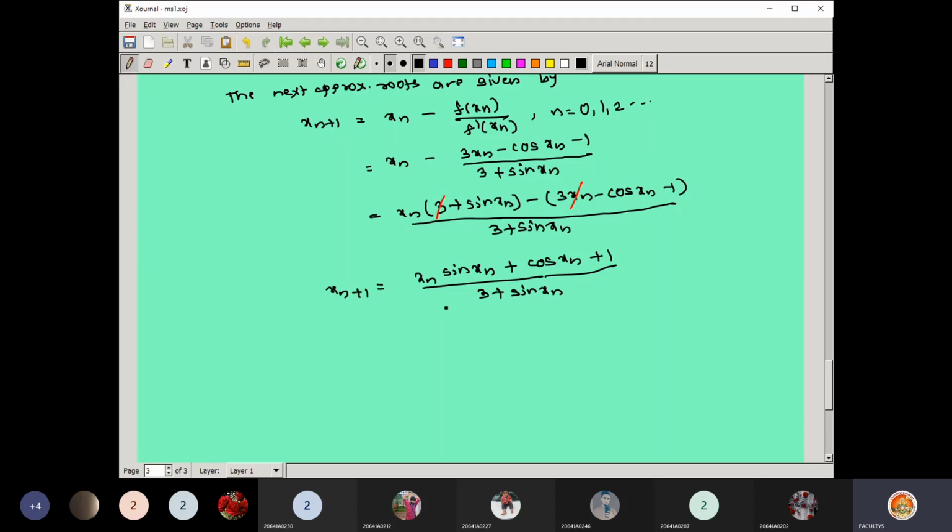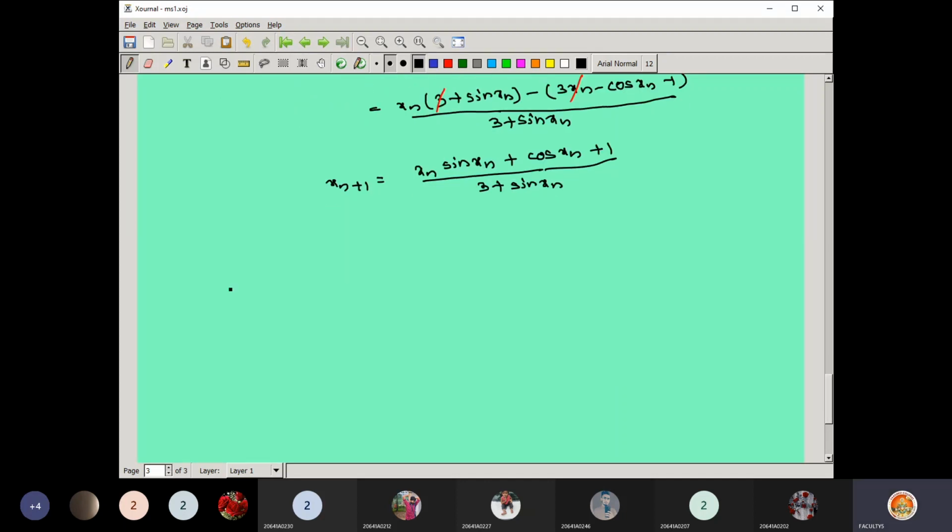Now you substitute n equal to 0. For n equal to 0, x1 equals x naught sin x naught plus cos x naught plus 1, total divided by 3 plus sin x naught.